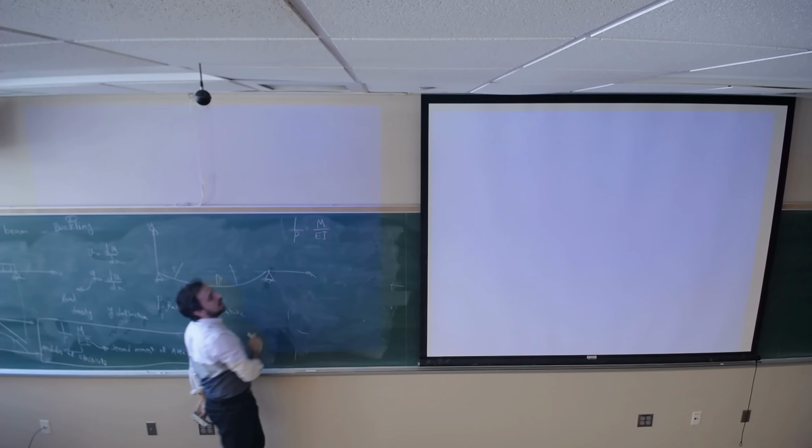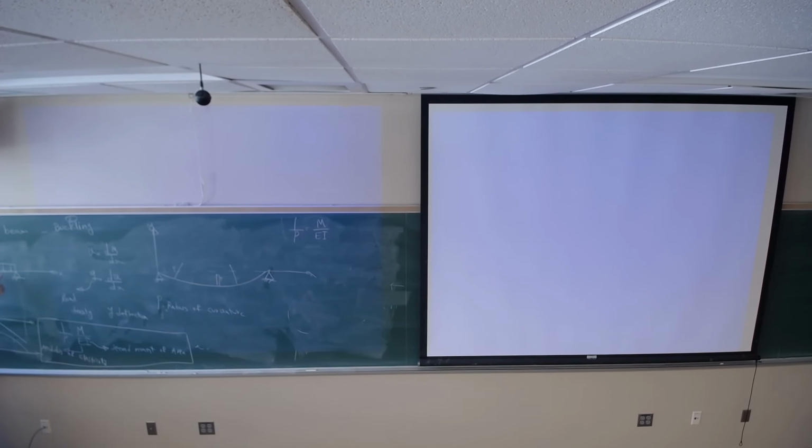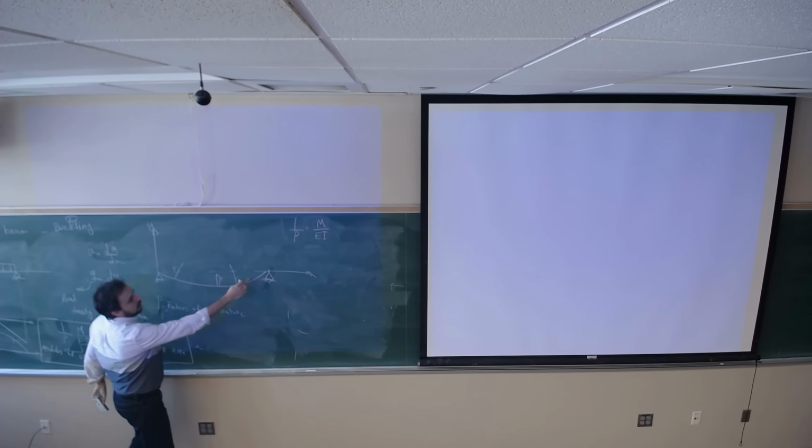I is the second moment of area for the cross section. If it's circular, it's going to be pi d to the fourth over 64. If it's rectangular, it should be about the z-axis, because the rotation is about the z-axis. Anyway, we have this equation.